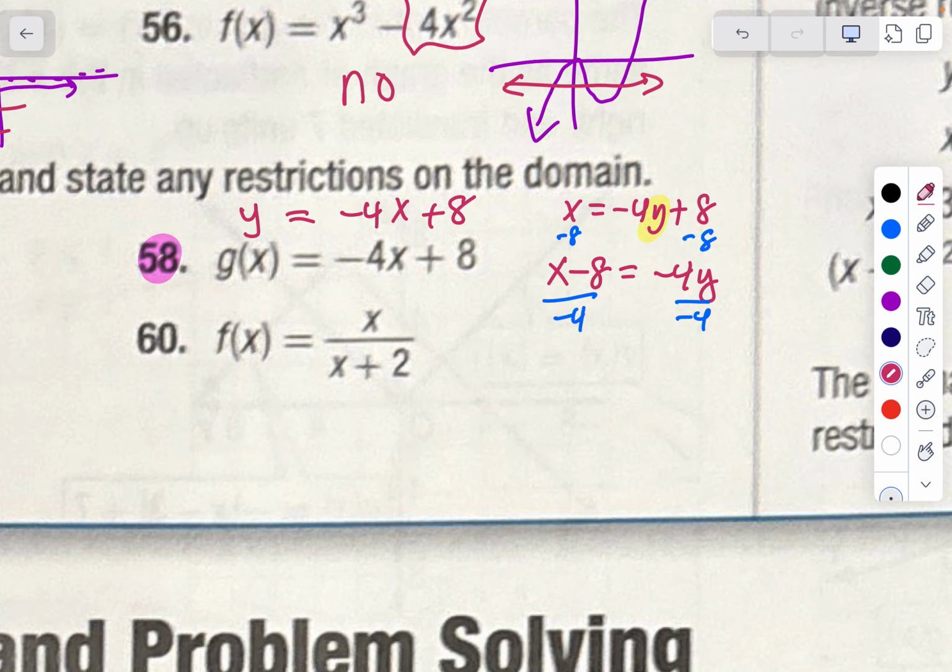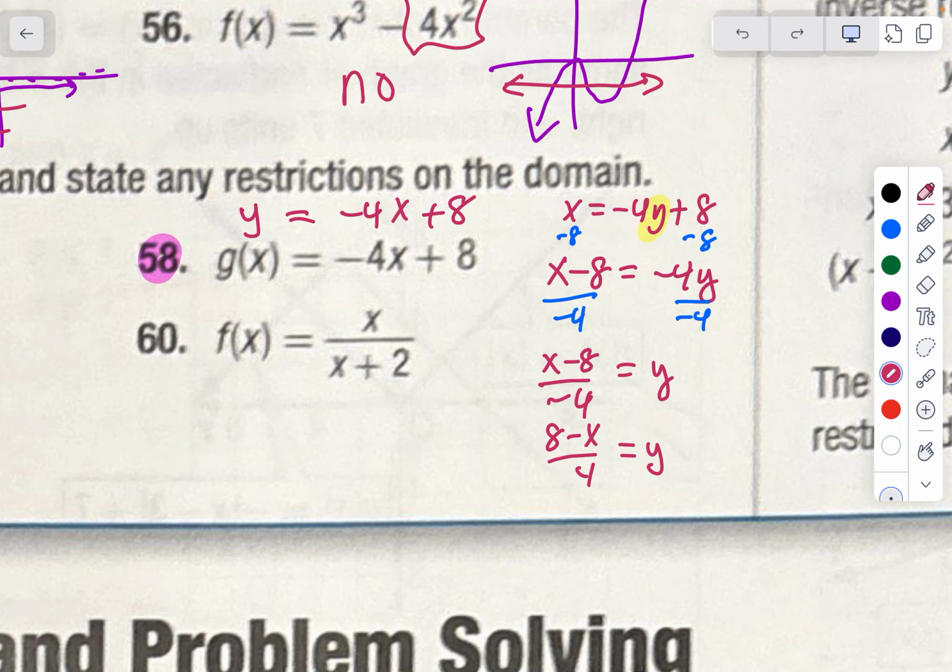So technically our answer is x minus 8 over negative 4. You shouldn't really leave a negative in the denominator, so I'm going to do a little thing that happens. If I put the negative to the top, it actually switches the subtraction. So it would be 8 minus x over 4. If you left it here, you're getting 100%. You've done it, but I'm just showing you. It is not customary.